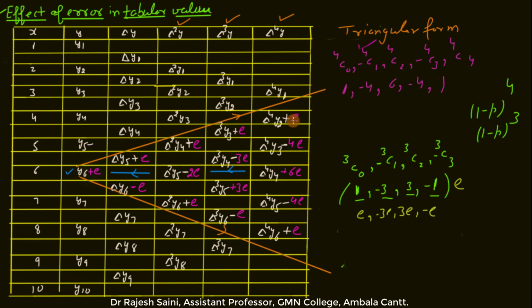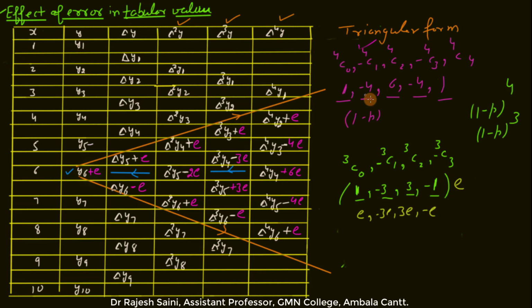Now look over here, the error coefficients are 1, minus 4, 6, minus 4, 1. So the errors present in the columns are the binomial coefficients of the expansion of 1 minus p raised to the power of the order of that column.